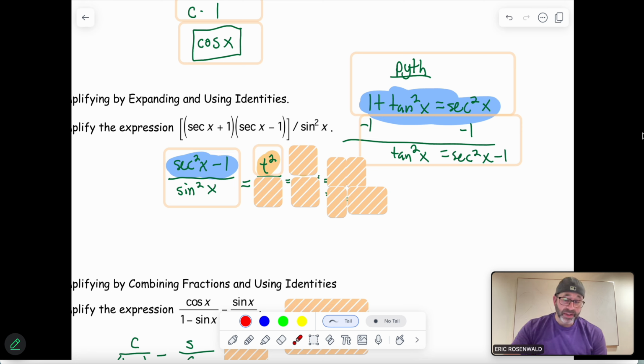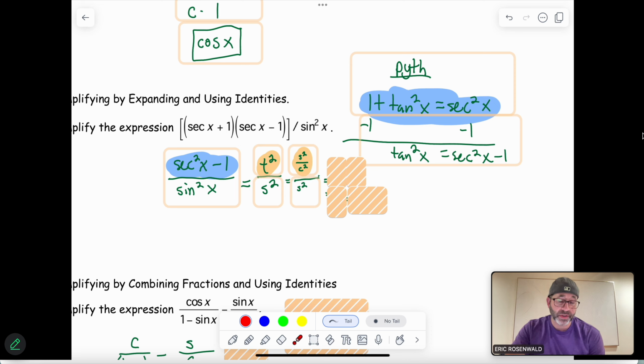All right, well, what about that sine squared? It just carries through. There's nothing to do with it. Can we simplify it a little bit further, though? Well, that tangent squared can actually be written as sine squared over cosine squared. Because it doesn't feel like we're simplified all the way when I have a tangent squared over sine squared. So let's see if we can go a little further. Tangent squared is the same as sine squared over cosine squared, and that sine squared is still the same. If I rewrite it, this is saying this portion divided by that bottom portion, right?